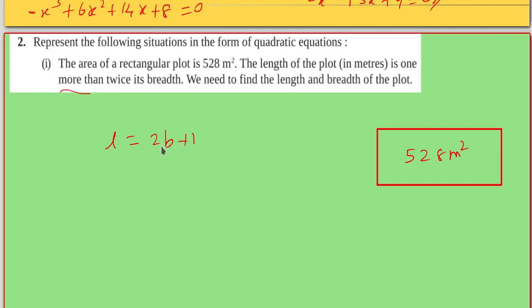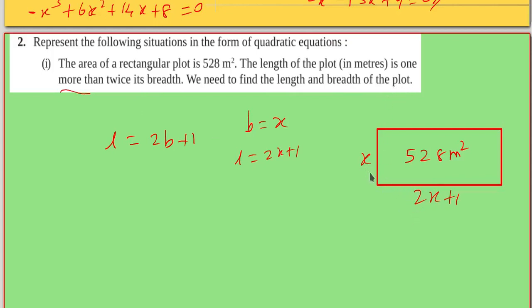So length is given in terms of breadth, so we can assume breadth as x, so that length is 2x plus 1. So what is the length? 2x plus 1, and the breadth is x. Okay, we got the dimensions now. We need to find the length and the breadth of the plot.